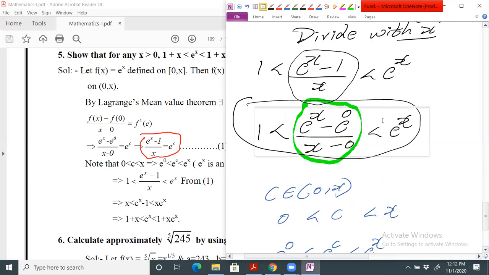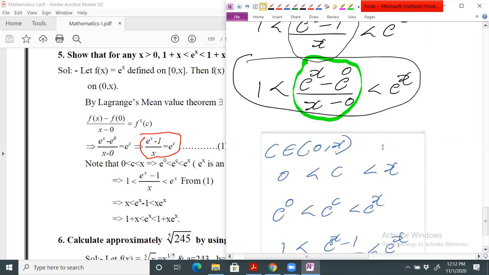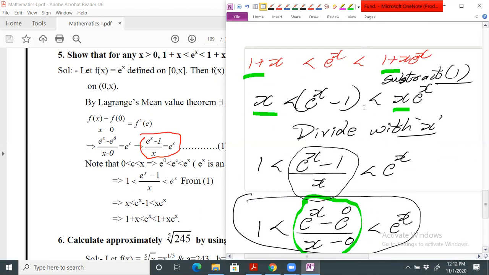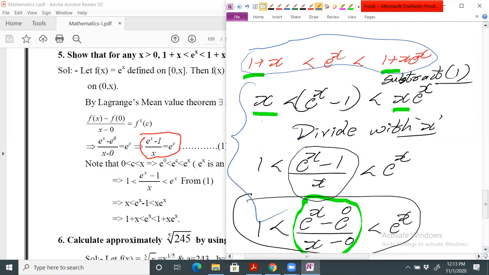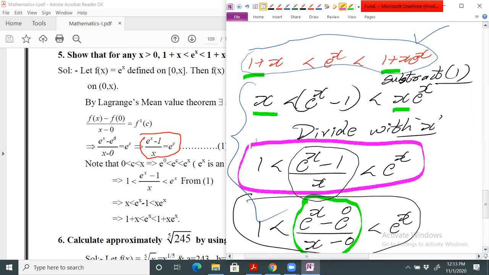In the previous step we got 1 is less than e power x minus 1 by x is less than e power x, the same thing. Actually, what we have to prove is this one, but for identifying the function and the interval, all of this is rough work. Instead, it is enough to prove that 1 is less than e power x minus 1 by x is less than e power x.